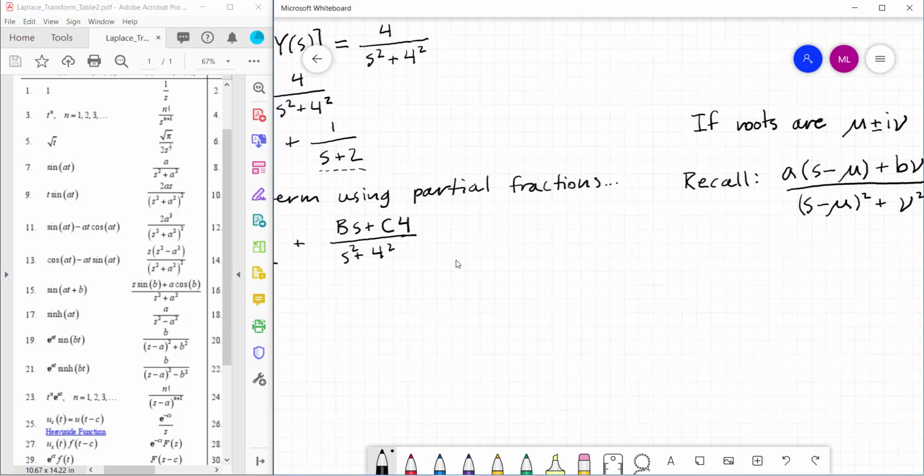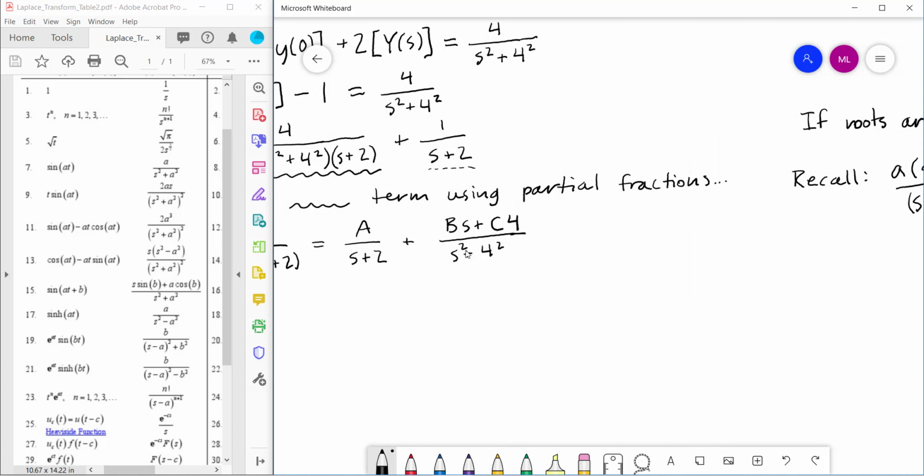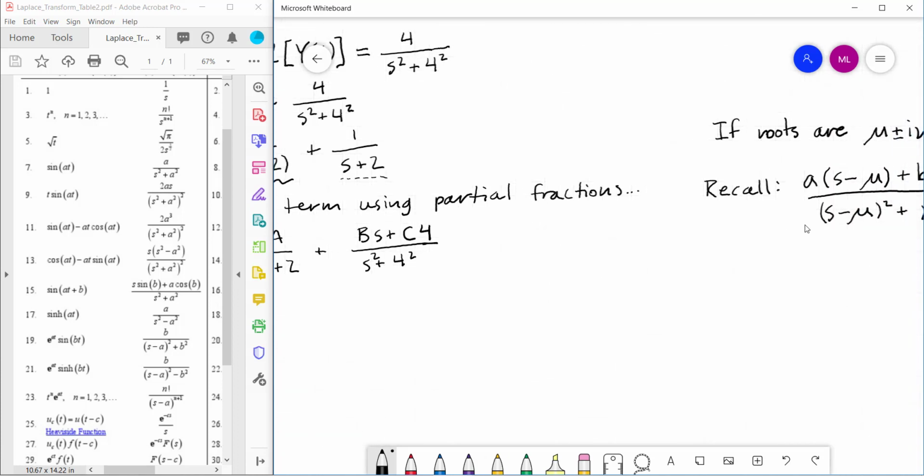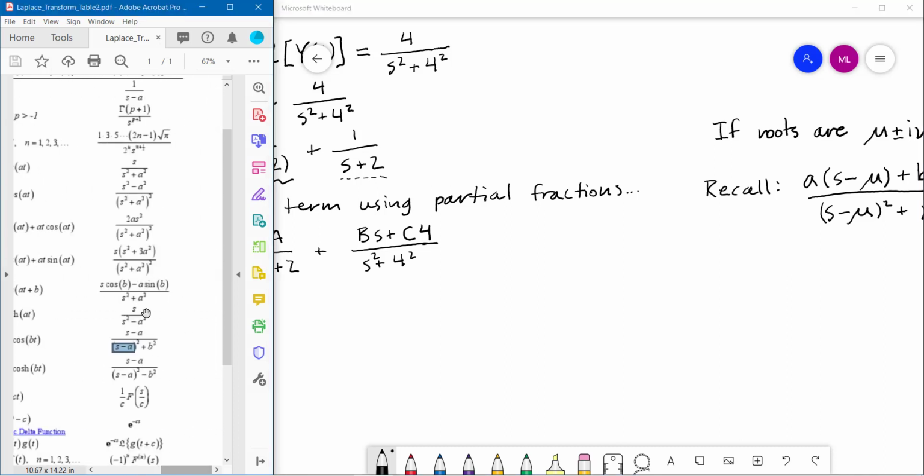So over here, there is no shift being done to our s squared. It's not s minus anything. It's just s minus 0 if you wanted to think of it. So I just need an s up here. It's not going to wind up matching this form that we get down here, or more accurately, the form that we're going to get right here. There is no shift a.